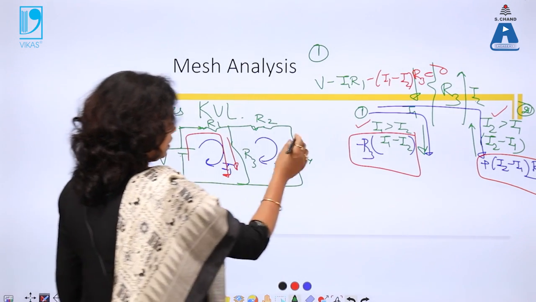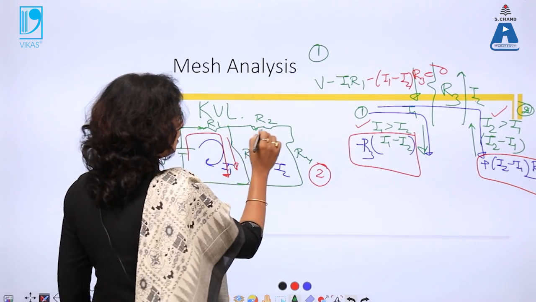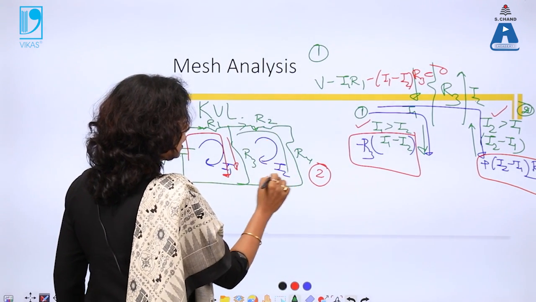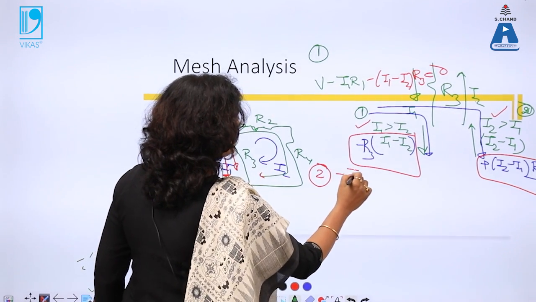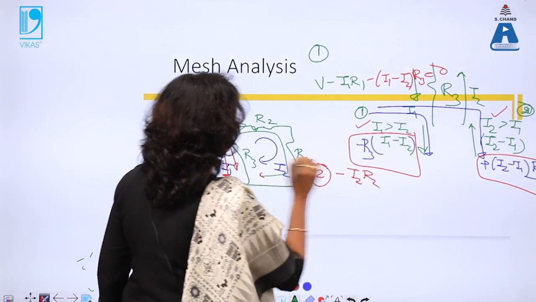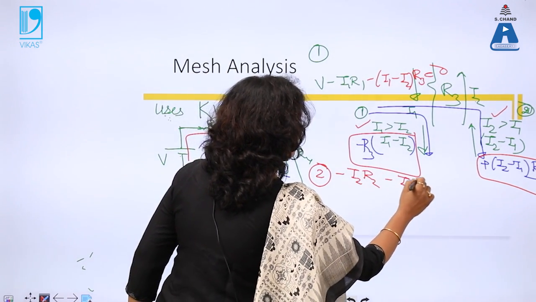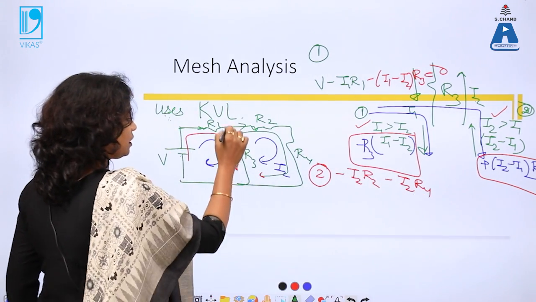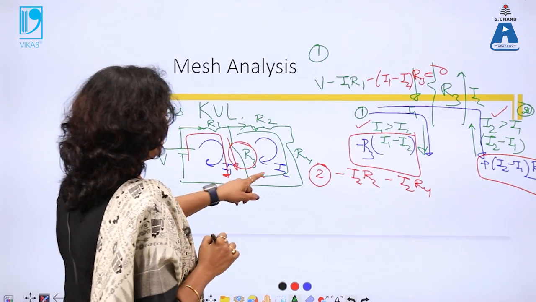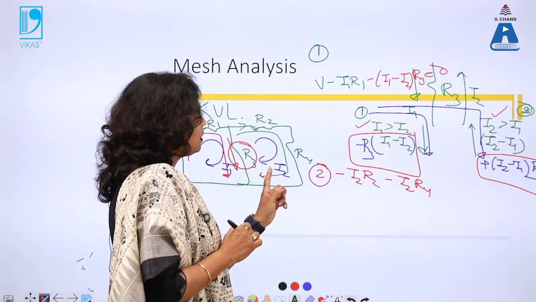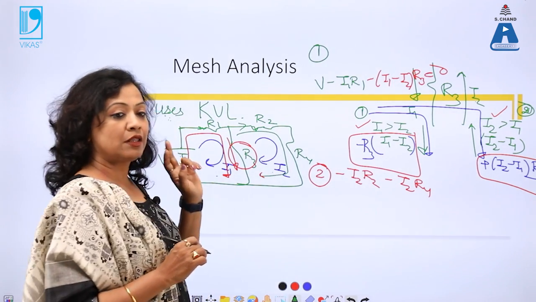Now on a similar note, let me explain the second loop equation. I am moving like this. I am moving in the direction of current, minus I into R. I am moving in the direction of current, minus I2 into R4. But for this common resistance, I have said that for the loop in which I am solving, I take this current I2 greater than I1.